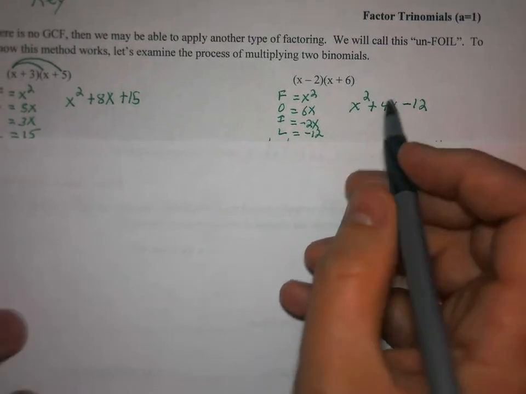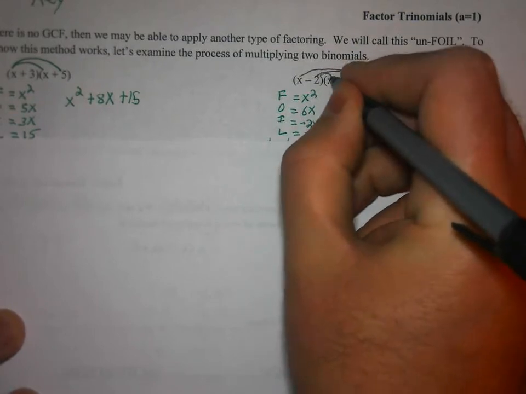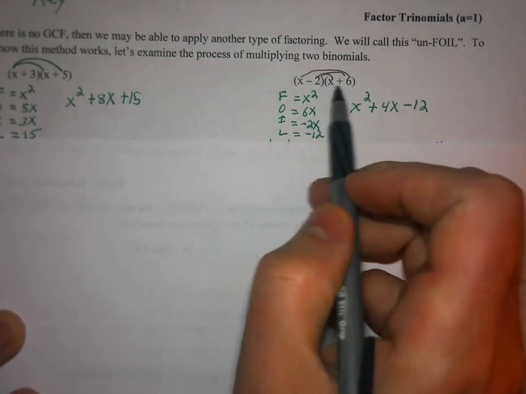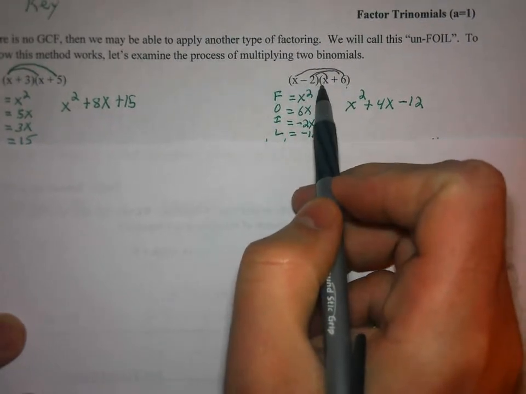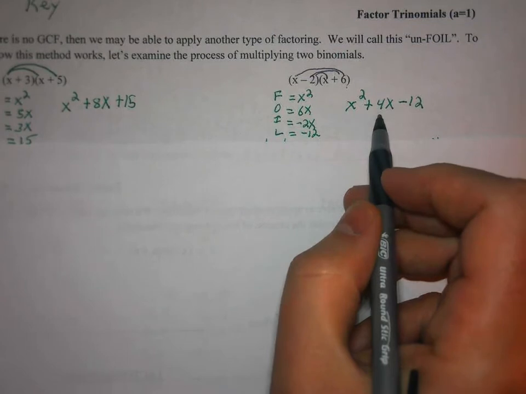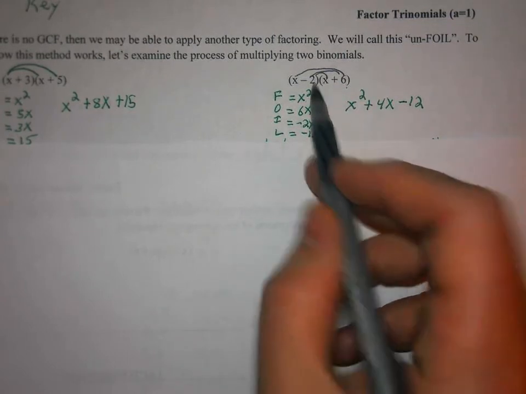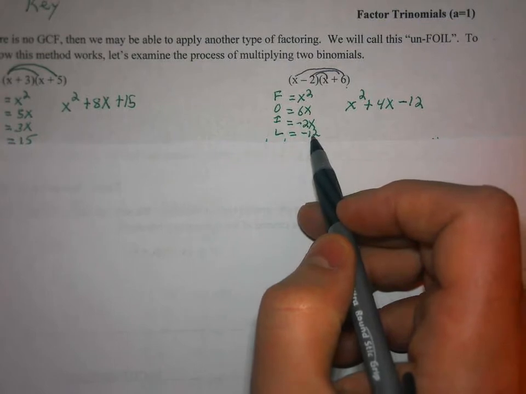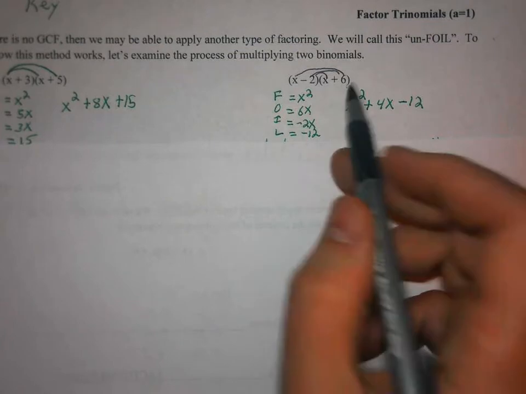Notice that that came from the outer and inner terms. So 6 times x is 6x, and then negative 2 times x is minus 2x. So that middle term came from adding a 6 and a negative 2. Notice that the minus 12 at the end comes from multiplying negative 2 times 6.